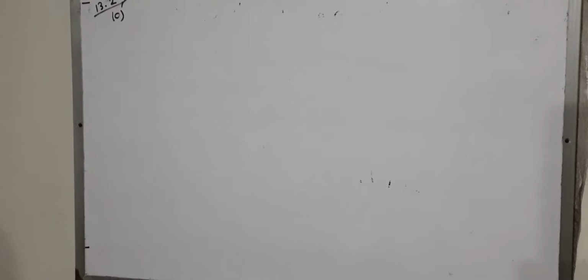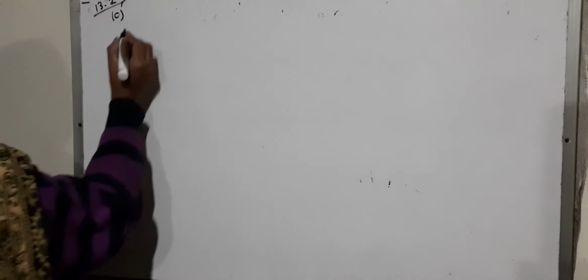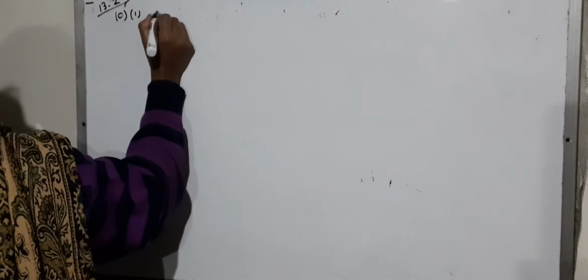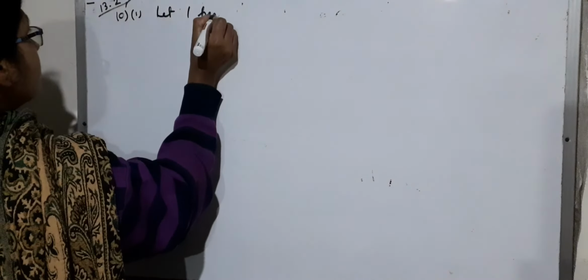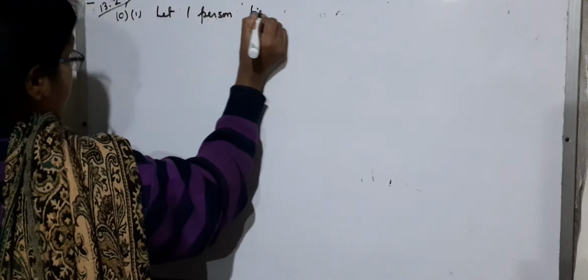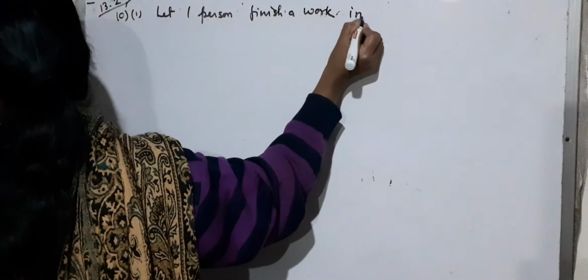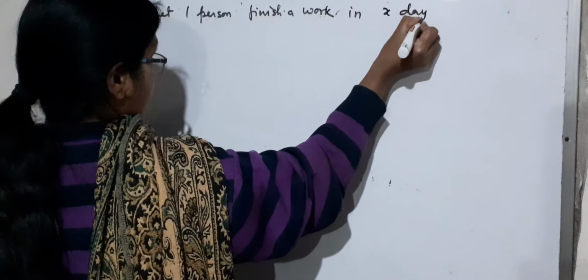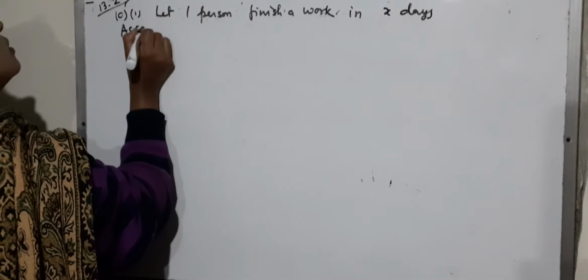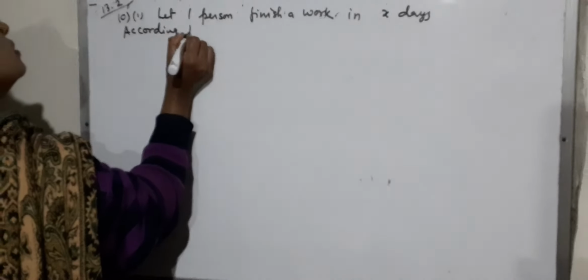In this question, first part, let one person finish the work in X days. So according to the question, number of persons upon number of days.